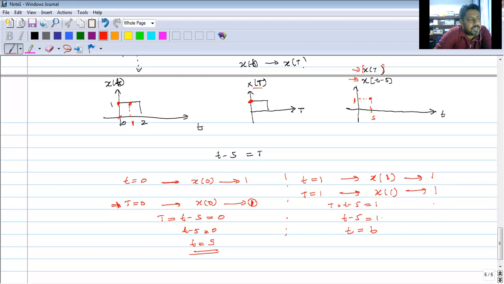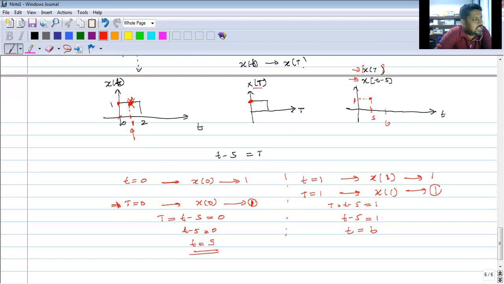So what is this point? That is x(t) at 1. That means this point. Now, if you consider this graph, you can see that this point for this graph is at first 1 second, but here it is at 6 seconds, no?